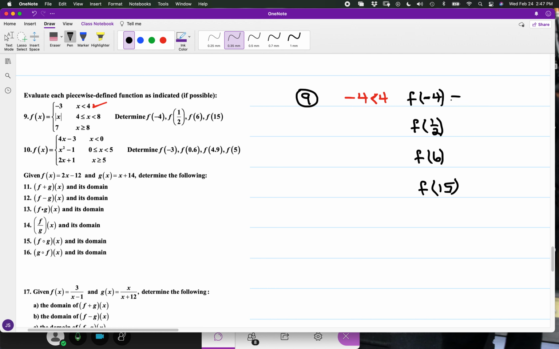So right away, f of negative 4 is equal to minus 3. And for f of 1/2, like negative 4, 1/2 is also another value that is less than 4. And so just like f of negative 4, f of 1/2 also ends up as negative 3.